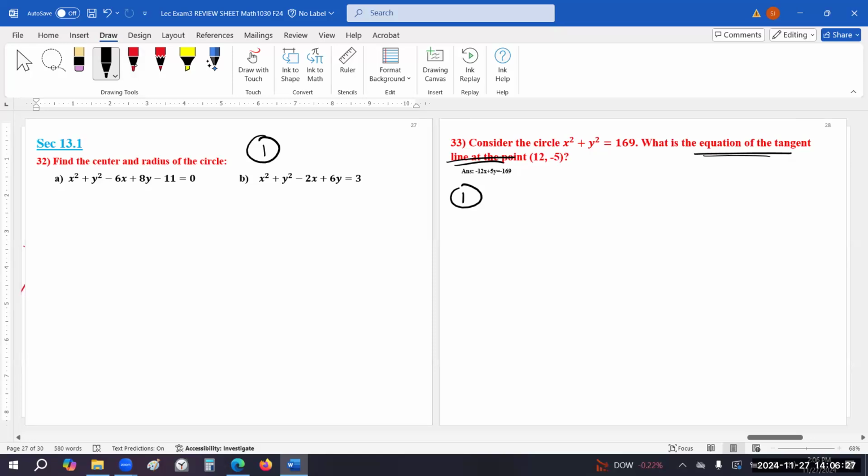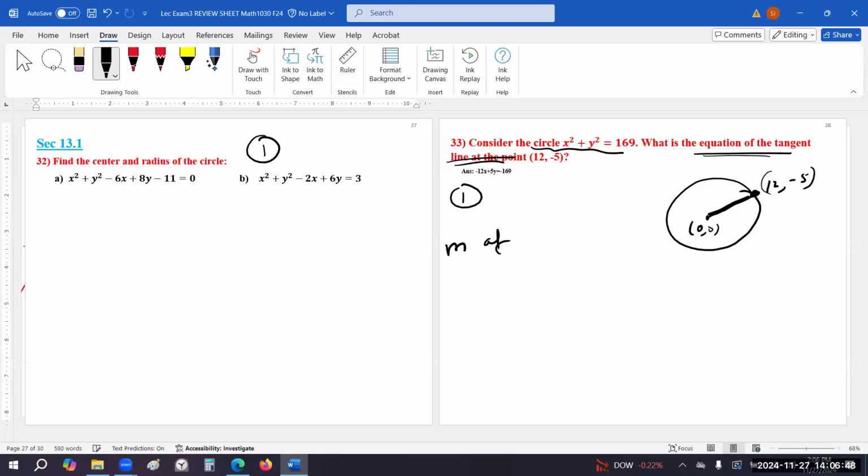We have a circle. That circle has a center 0, 0. And the radius has the other end 12, negative 5. So first step, we find the slope of this radius. Now you're going to find the equation of the tangent line.